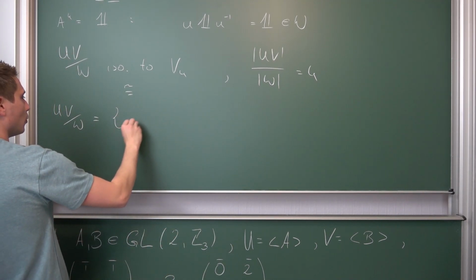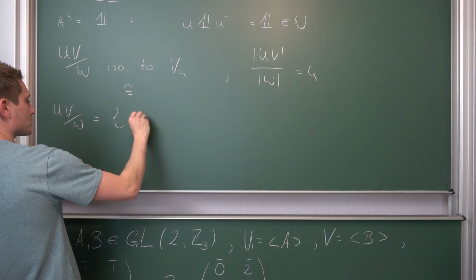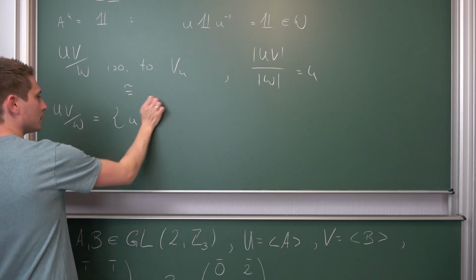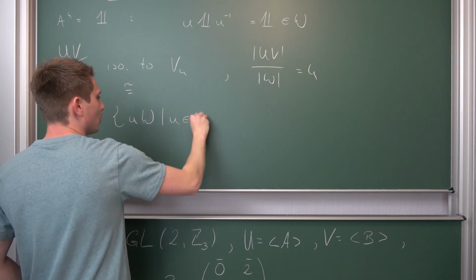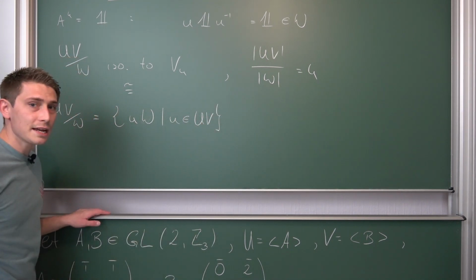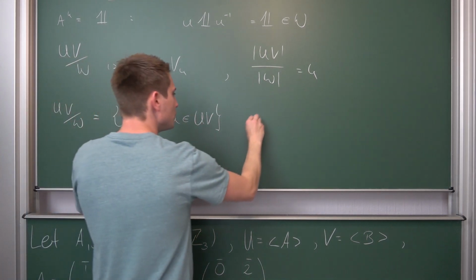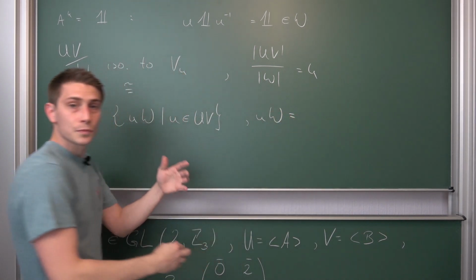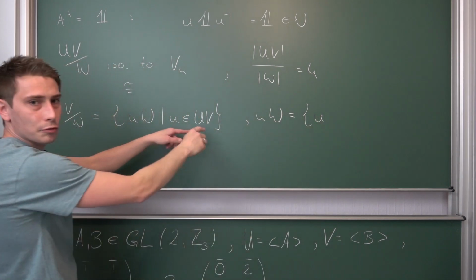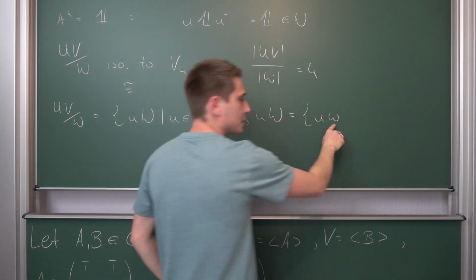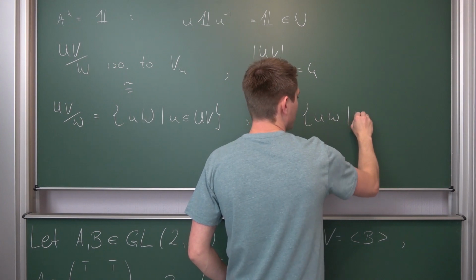So this is the set of all U times V, so times the set V in itself, where U is an element out of UV. Okay? And then U times W is exactly all the sets in here where U is out of UV and our W is out of W. Okay?